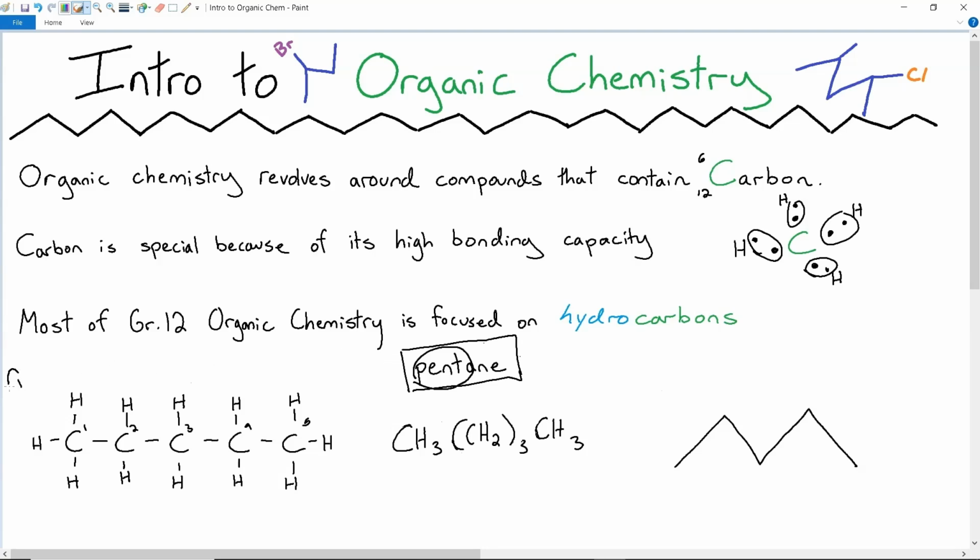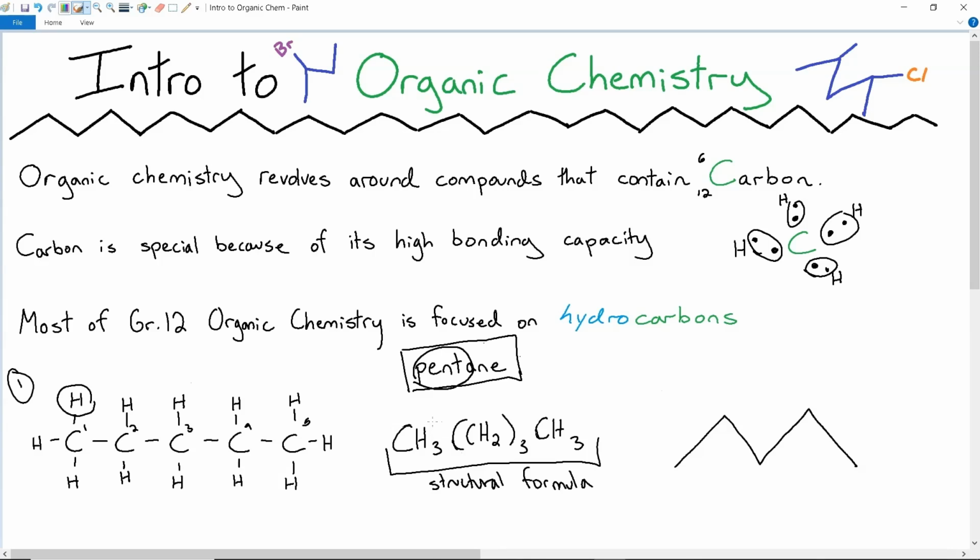In this first representation, I've clearly got all of my carbons shown, and then I've individually shown every individual hydrogen bond around each carbon. In my second example, this is what's known as a structural formula. I'm basically showing the same thing. I'm showing every individual element that's part of this compound. I'm just not really showing the lines that represent each bond.